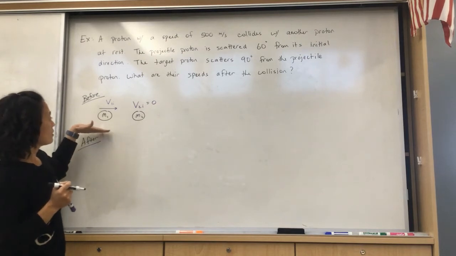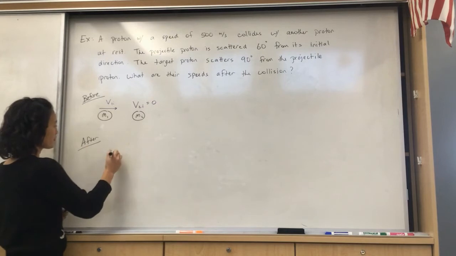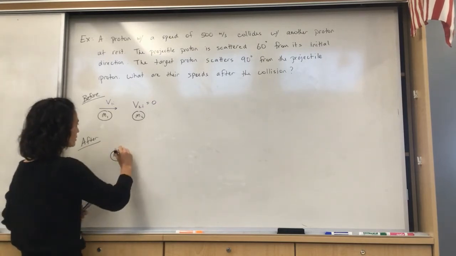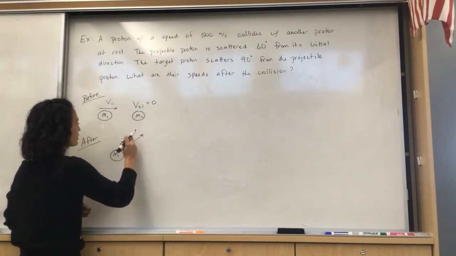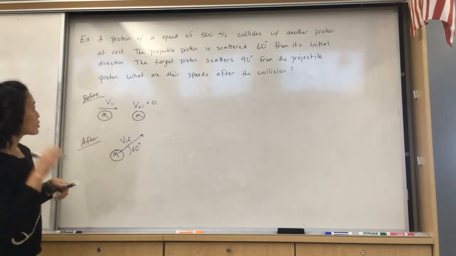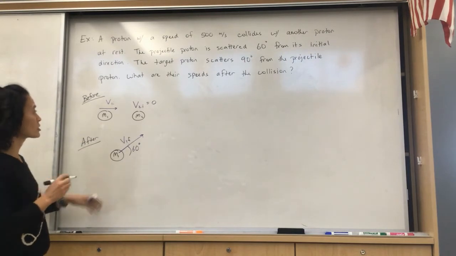If it was going horizontal in my picture, 60 degrees is going to move it up. I could have it move down, but I'm just going to pick up. There's my V1 final, 60 degrees. And I'm told that my target proton, mass 2, scatters 90 degrees from that one.